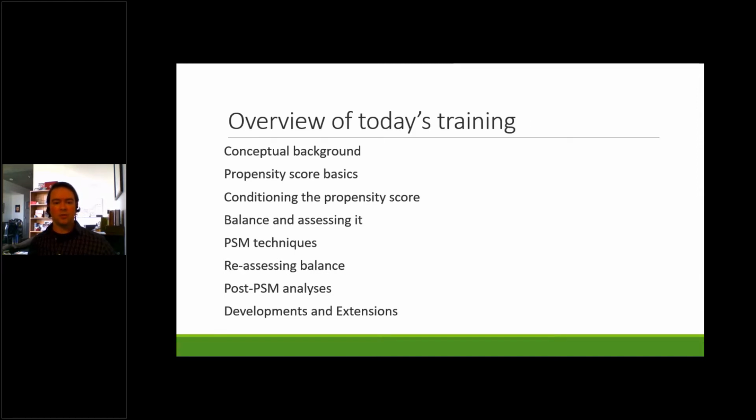Important to note here that while everything that we'll be discussing is of course important for all PSM applications, regardless of the treatment type, we will focus our attention today on the application of PSM in relation to binary or dichotomous treatments, so whether or not someone got the treatment.